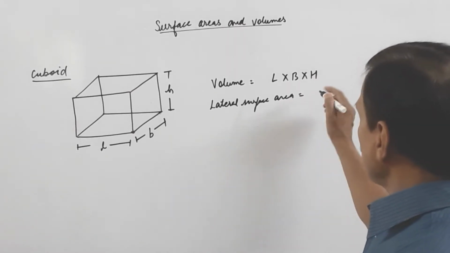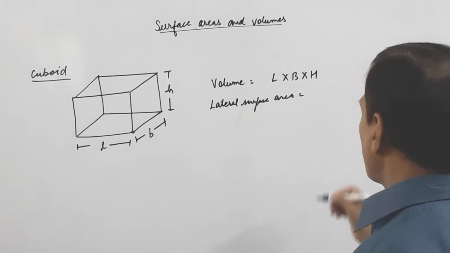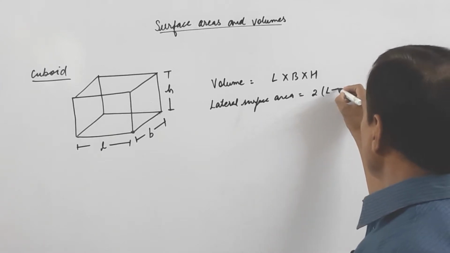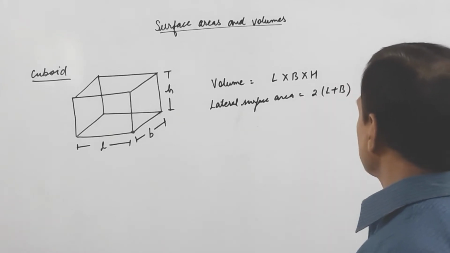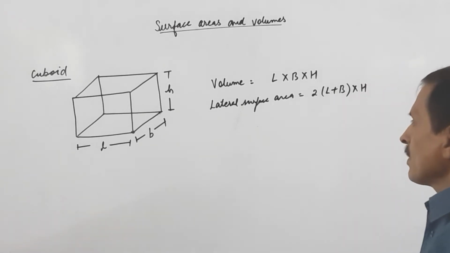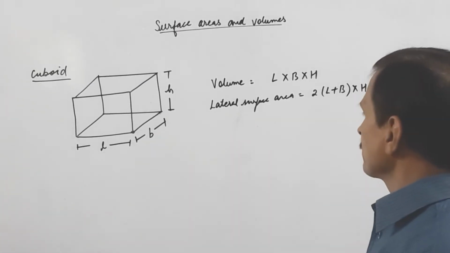Lateral surface area is equal to perimeter of the base multiplied by height. So that is twice of L plus B into height. Twice of L plus B is perimeter of the base and height.